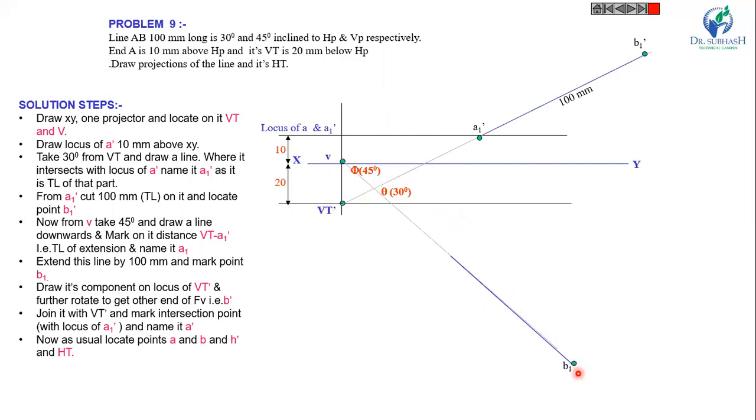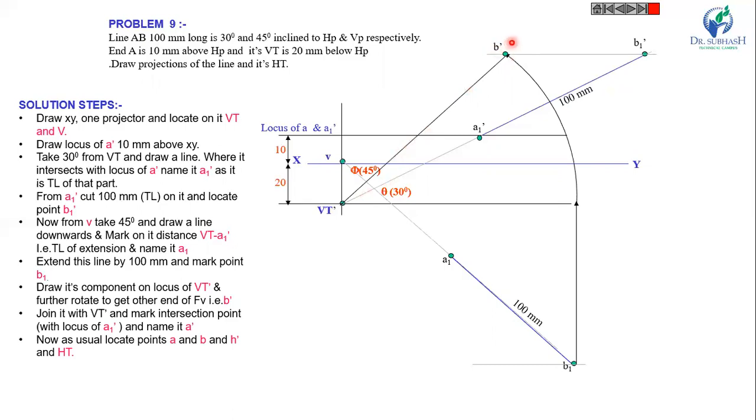Here B1 dash and B1 and A1 are 100 mm. Draw the locus from both sides from B1 and B1 dash. Now from point B1, draw a vertical line and draw an arc. So you will find the point B dash.